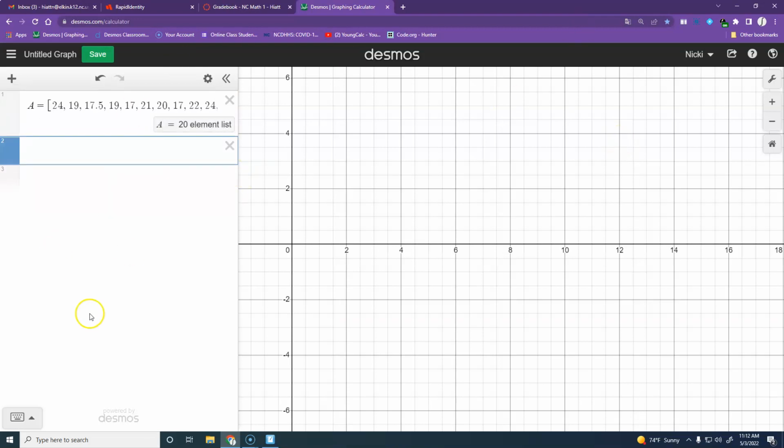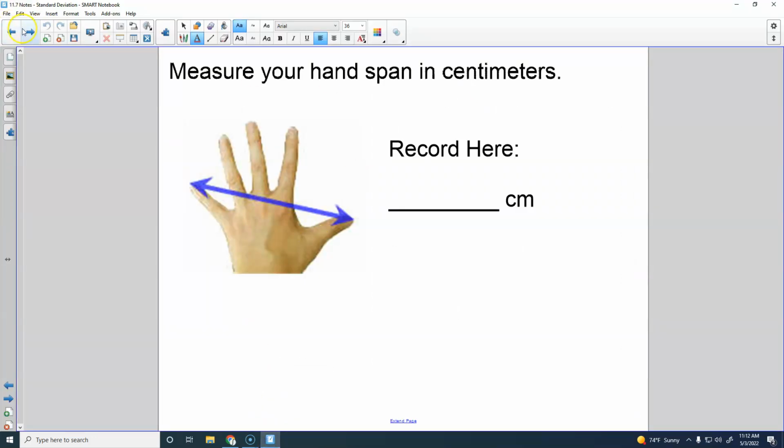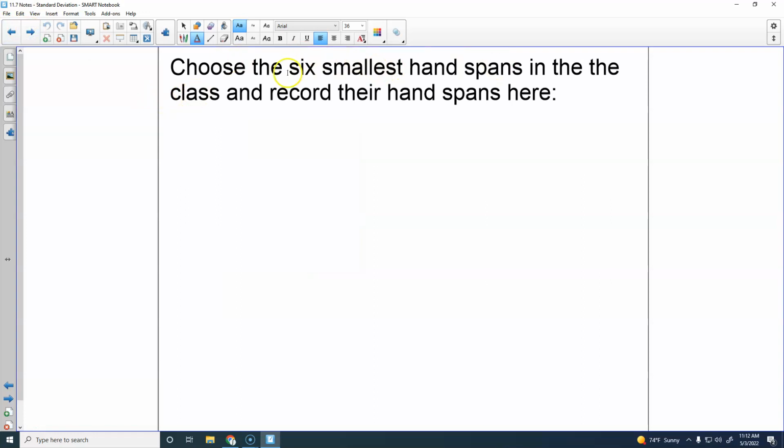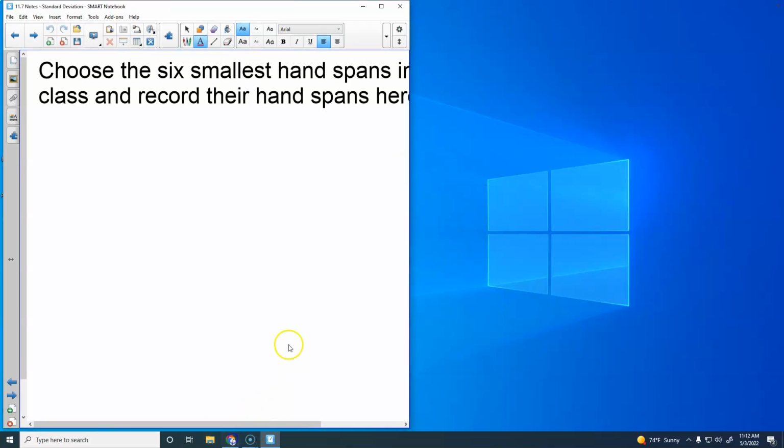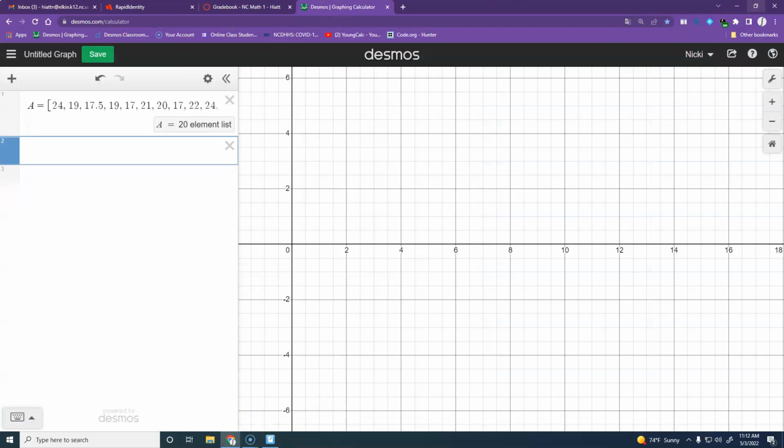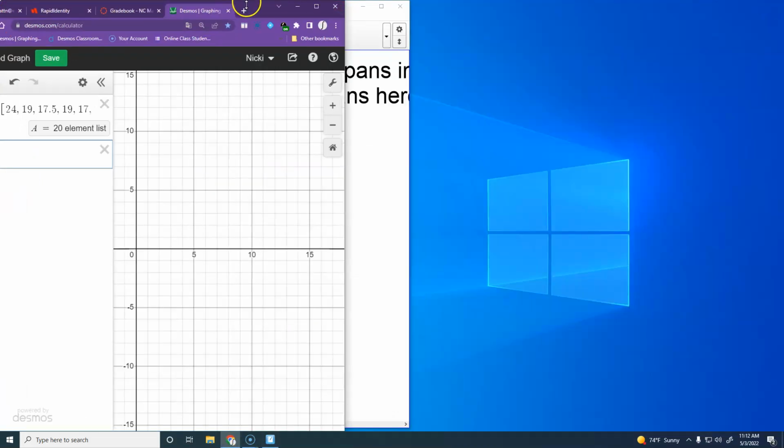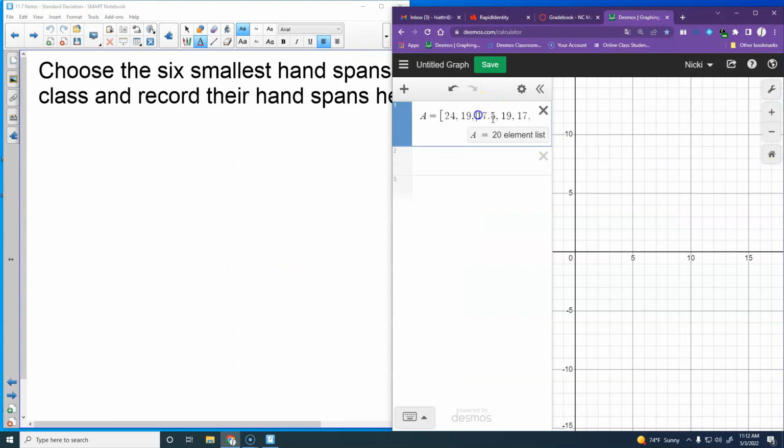Okay. So, we're not going to do standard deviation with all of these because that would be a little bit difficult to do. So, I guess we'll pick the 6 smallest here. Okay, so we're going to choose the 6 smallest. We got a 17.5, a 17.